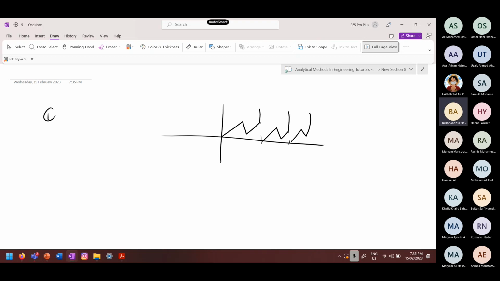Let's say it's just the same. You have a pi, you have 2 pi, you have 3 pi, you have a 0. So what's the interval of this signal? 0 to pi, that's it. The length of the interval is pi. There's nothing to solve here.